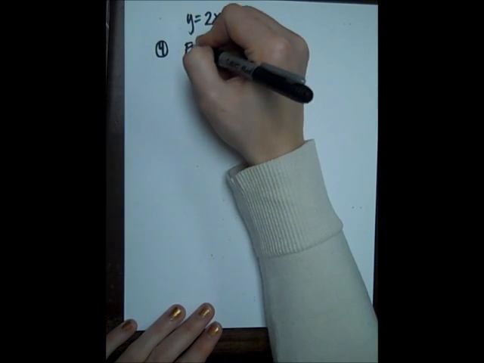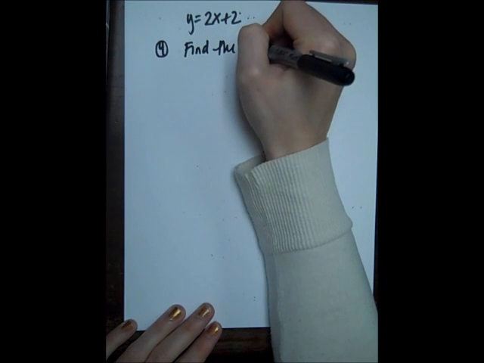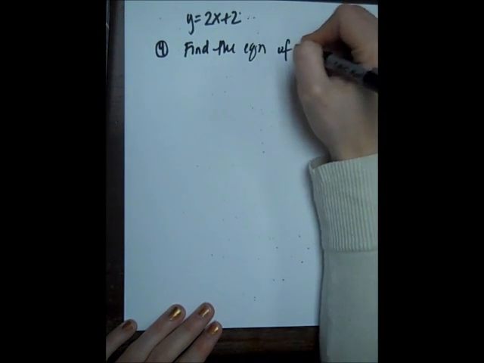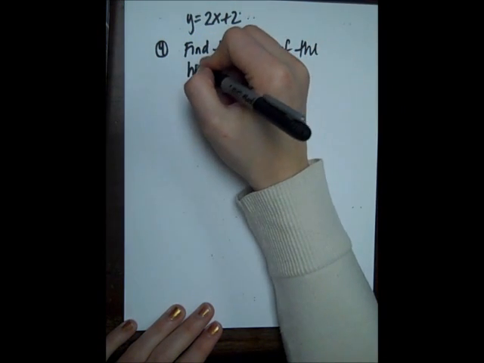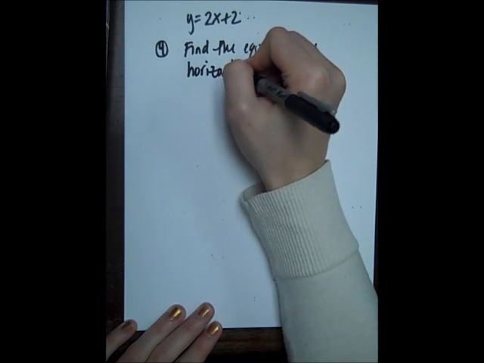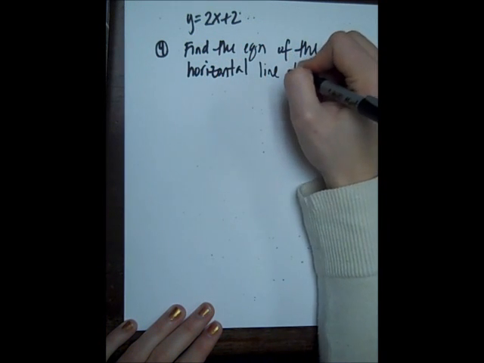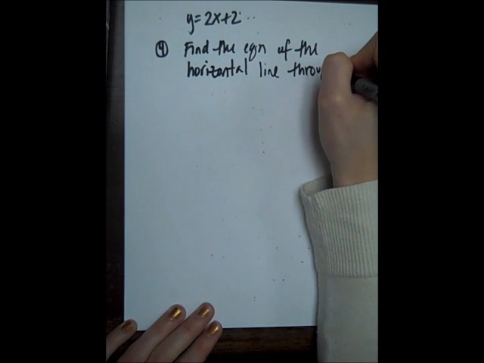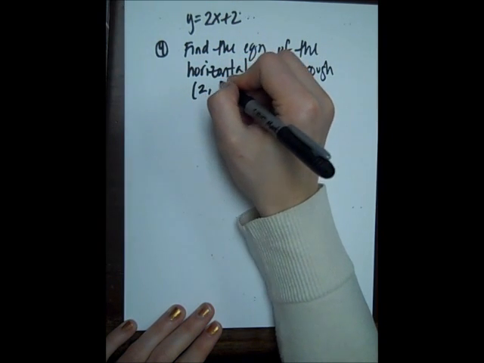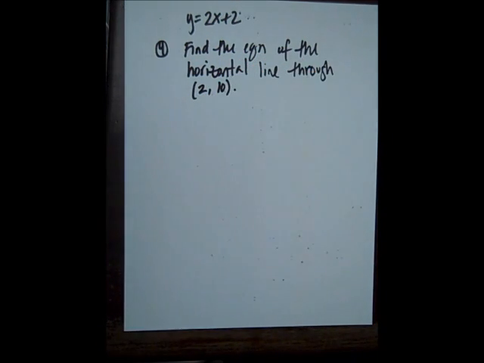Fourth one, let's find the equation of the horizontal line through the point, how about (2, 10)? So the equation of a line, again, y = mx + b. Now I should say these are non-vertical lines. The equation of a non-vertical line is going to be y = mx + b.